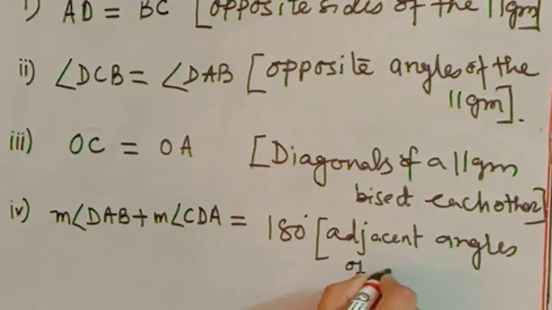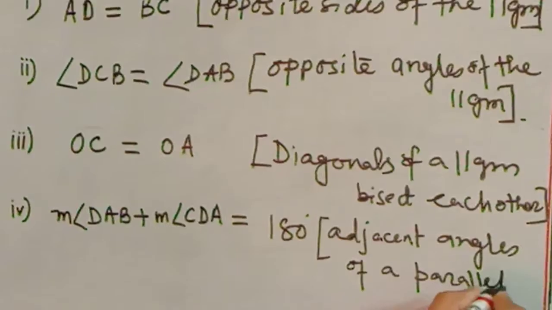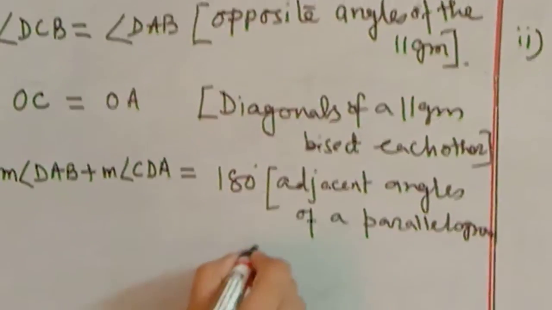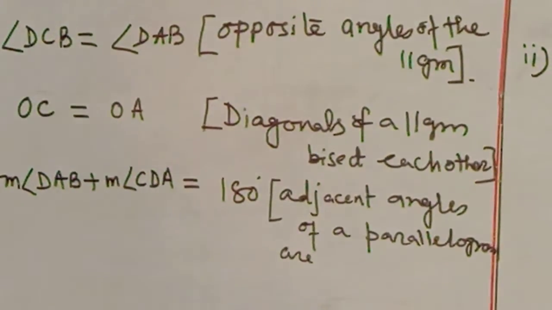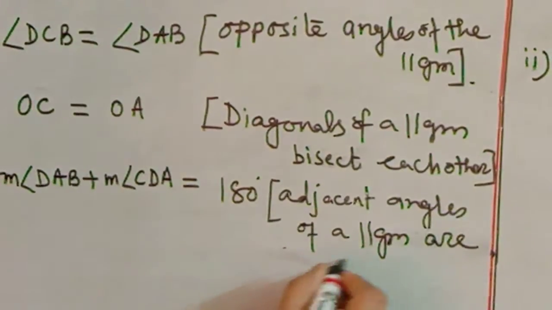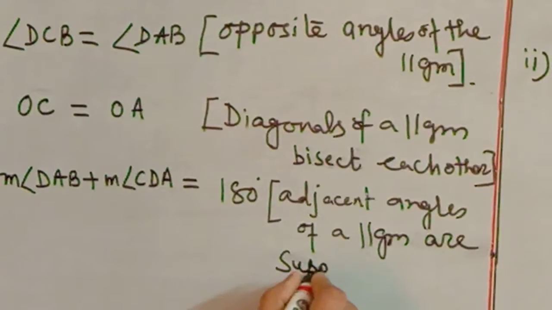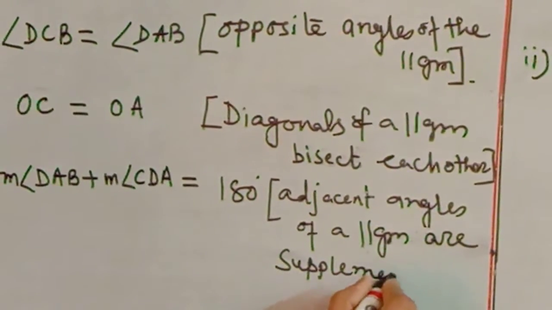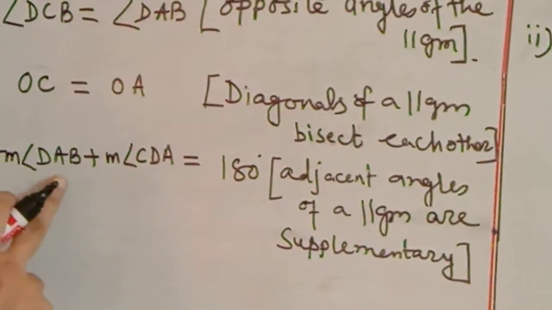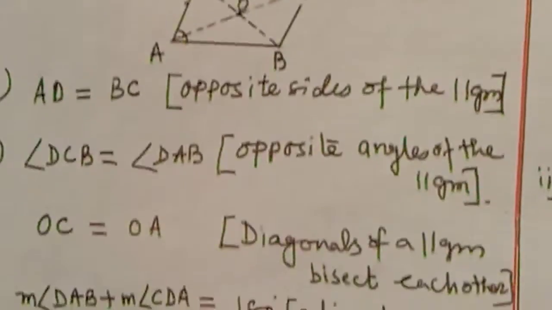of a parallelogram are supplementary. So for this reason, angle DAB plus angle CDA is equal to 180 degrees.